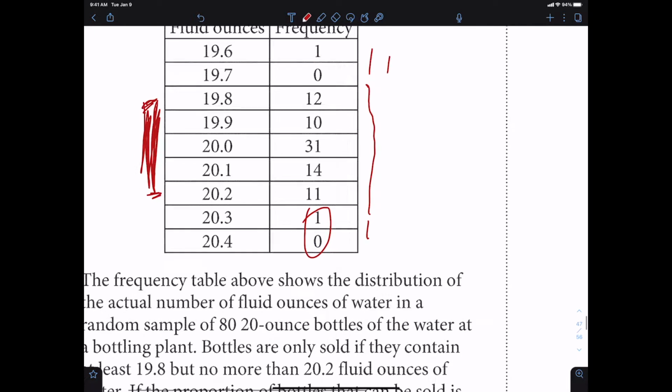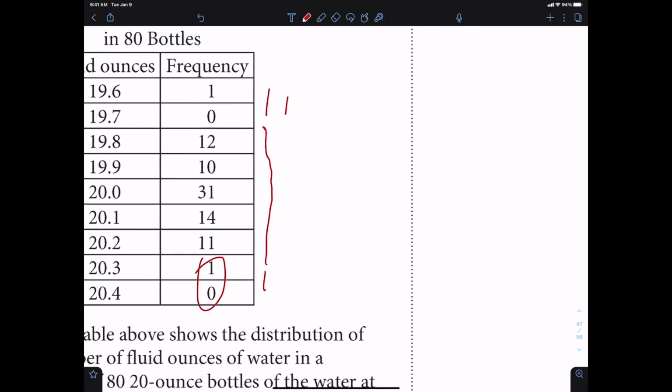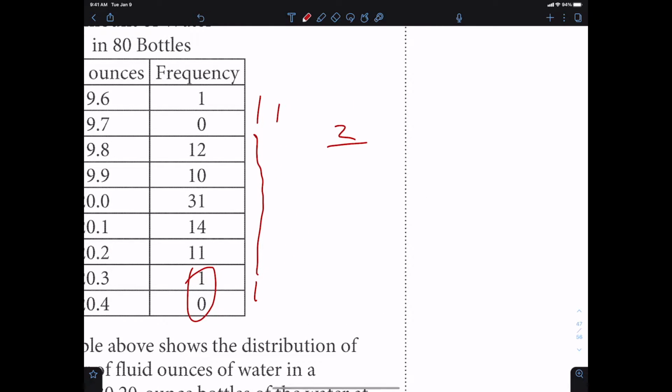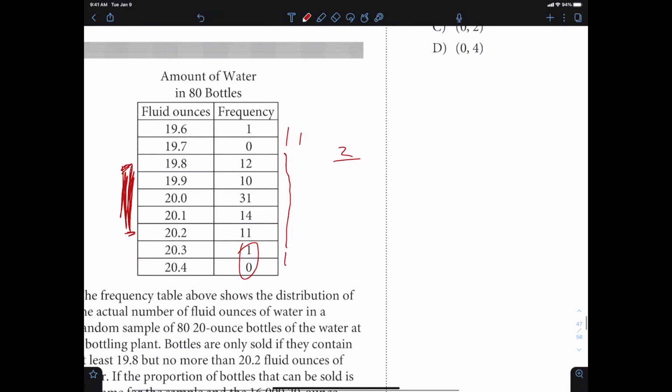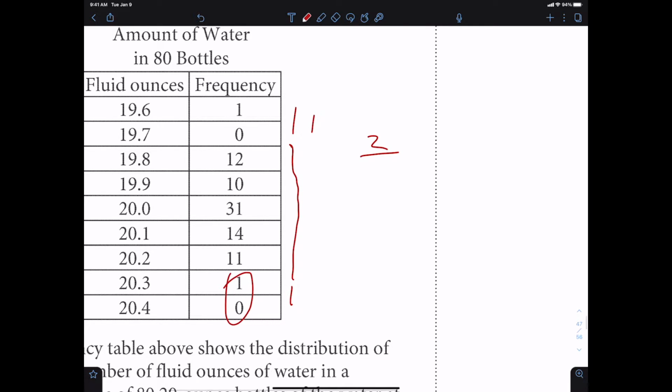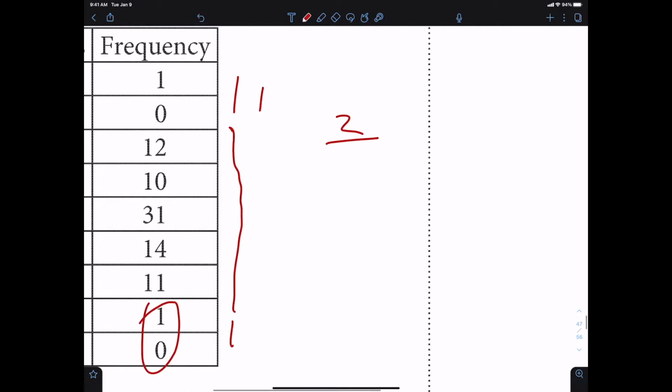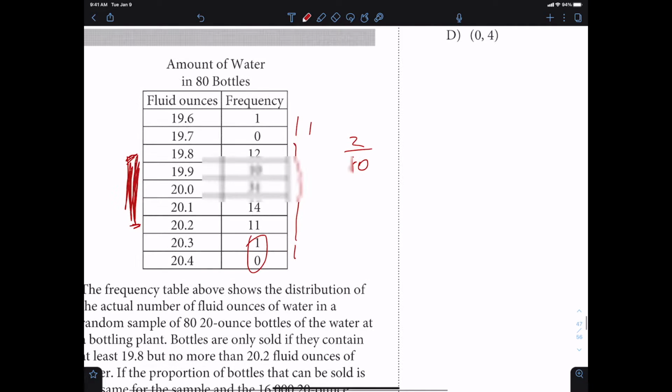So that's going to tell us that 2 out of however many bottles there are total cannot be sold. So that's going to be 1 plus 12 plus 10 plus 31 plus 14 plus 11 plus 1. That's going to be 80 total bottles. So 2 out of the 80 bottles cannot be sold.